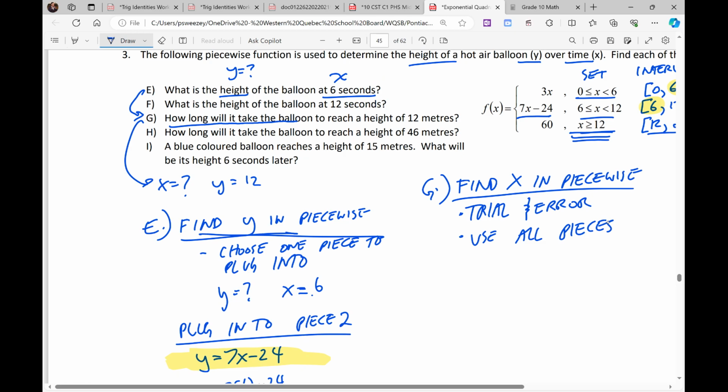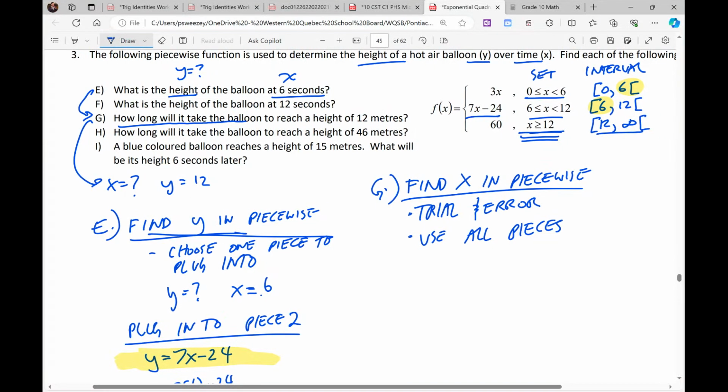When I plug in y is 12 and solve for an x, if in the first piece my answer falls outside of the domain of 0 to 6, then I reject that as an answer. If the answer does fall between 0 and 6, then I can accept it.